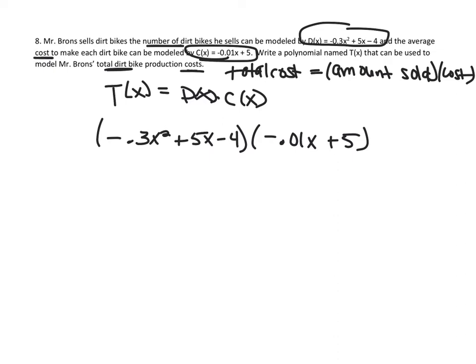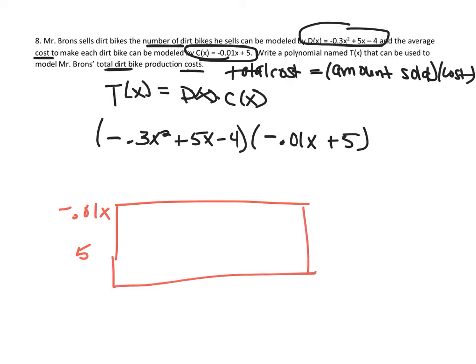Okay. All I'm going to do is set up my box to multiply these two polynomials. Negative 0.3x squared plus 5x minus 4. Just be careful with multiplying these things because they are decimals.